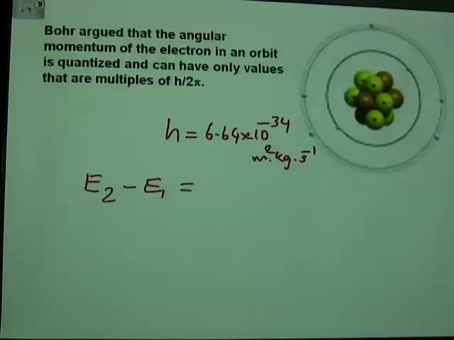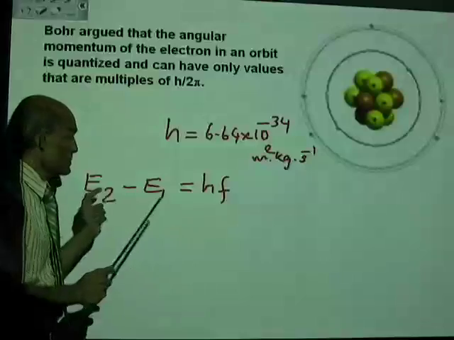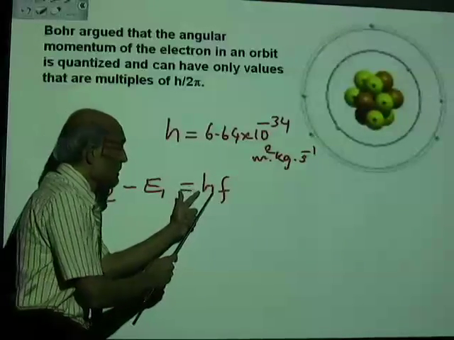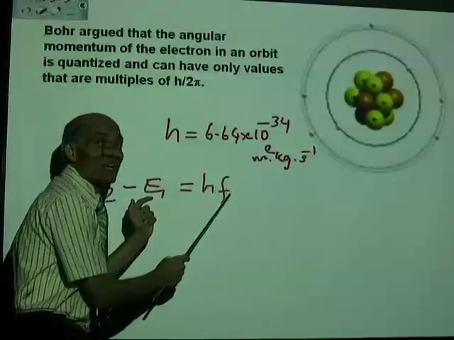And we can write this using h as E2 minus E1 equal to h times f. Now, this is an important relation. This is a quantum of energy. The difference between any two levels is Planck's constant multiplied by the frequency of radiation.